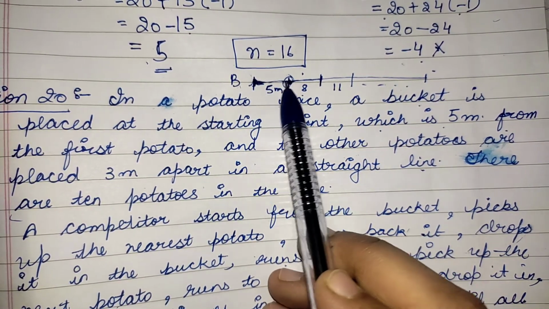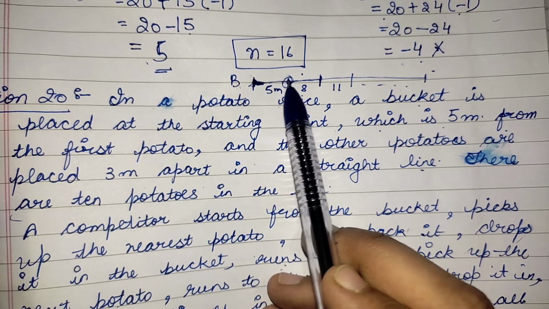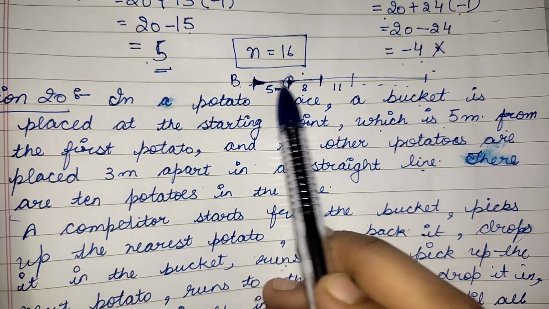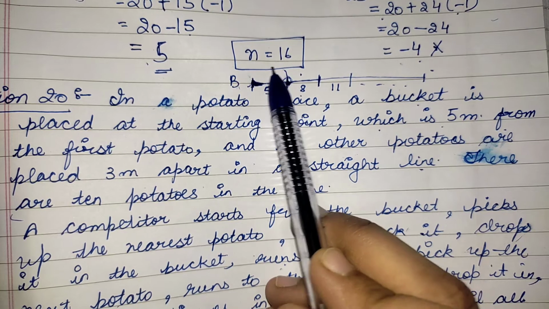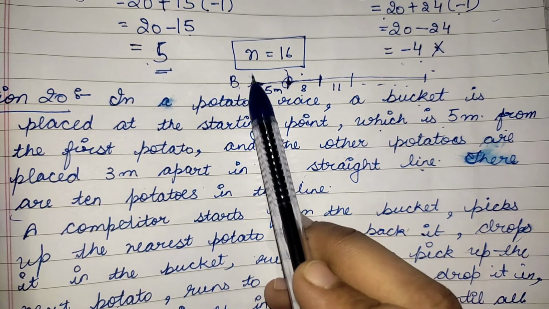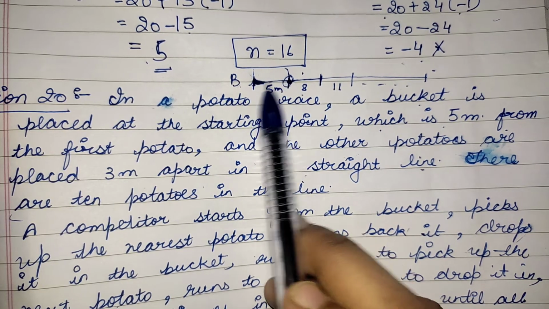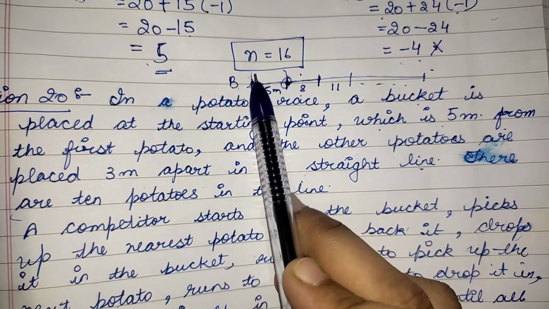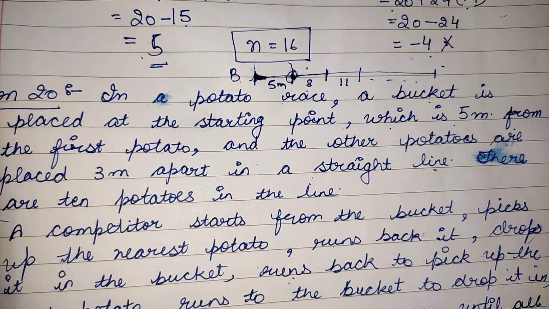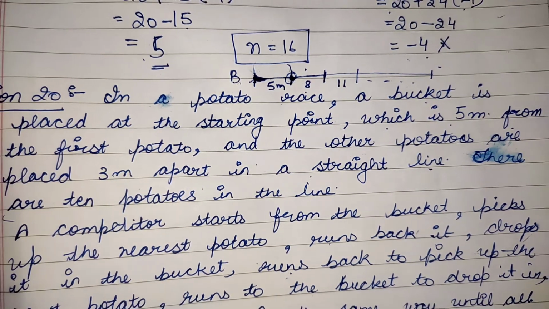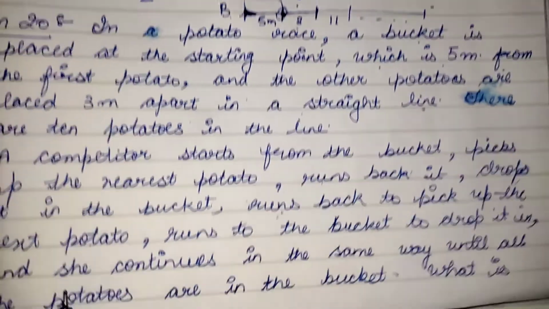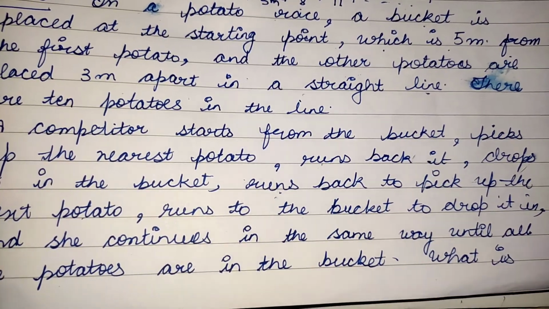So see, for picking up and dropping one potato, he is running twice the same distance. First he will go 5 meter and then again go back 5 meter to put it in the bucket. So the total distance covered to pick and drop one potato is equal to 10 meter. And she continues in the same way until all potatoes are in the bucket.